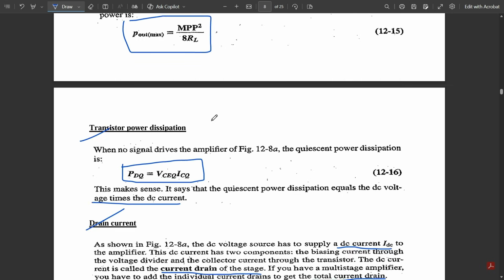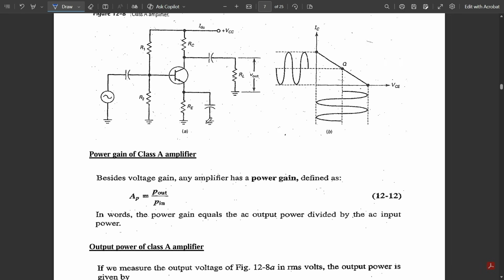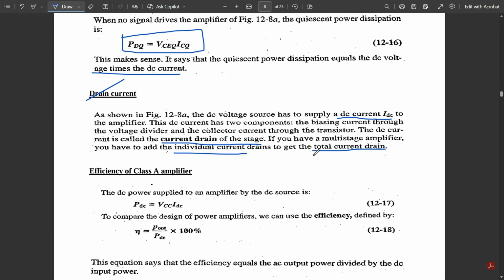So the total current drain would be biasing towards the components of the transistor between the emitter and collector terminals.